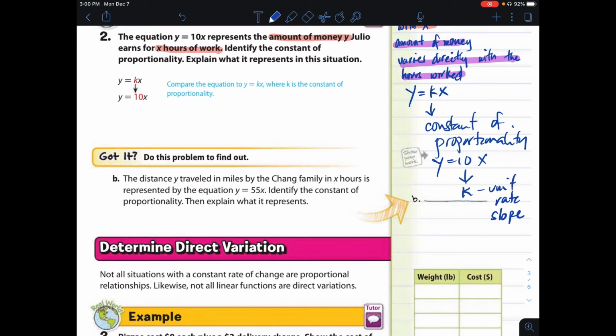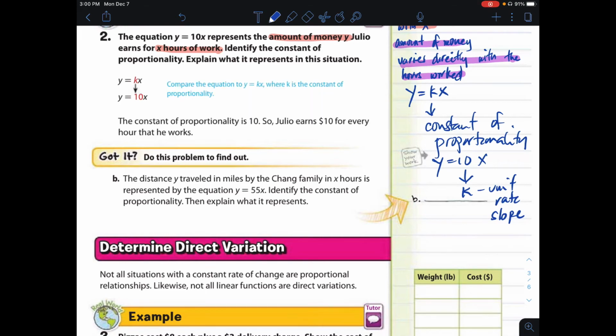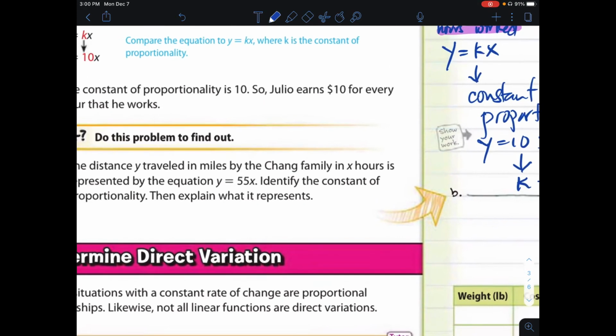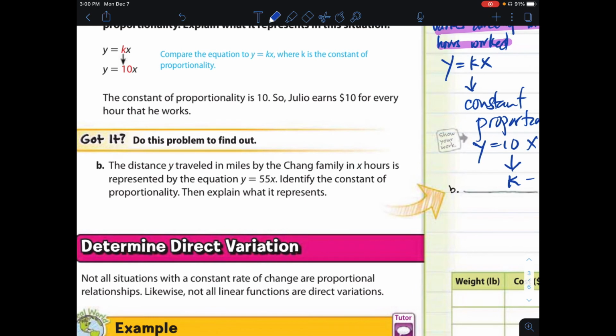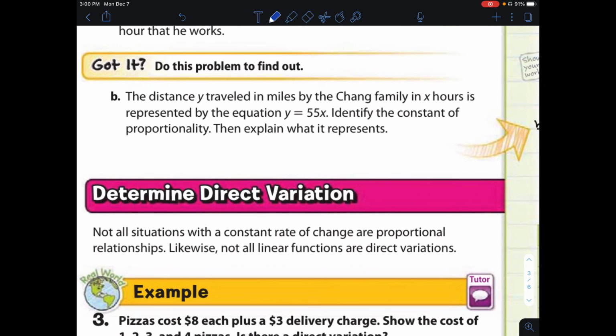It represents that the constant of proportionality is 10. So what it's saying is that Julio earns $10 for every hour that he works. So this is your constant of proportionality, which means 10 dollars for every 1 hour worked. Do the guided problem and see if you understand this example.